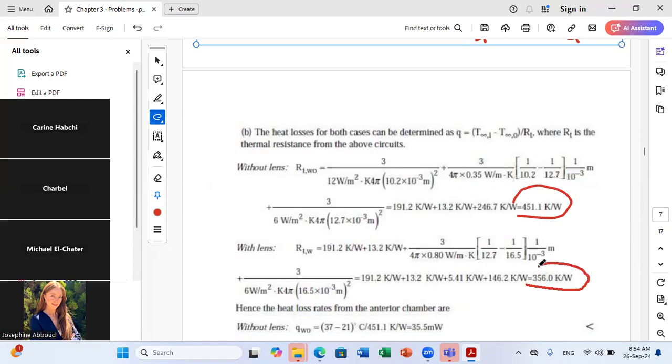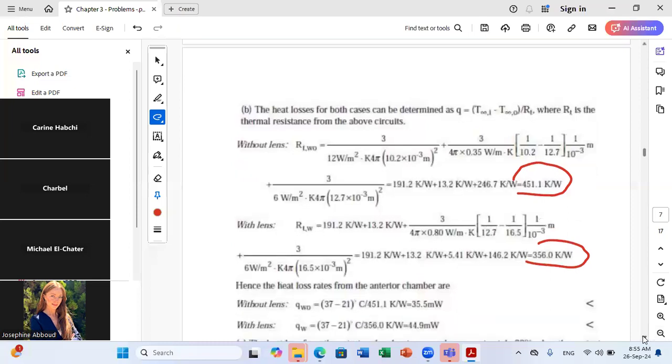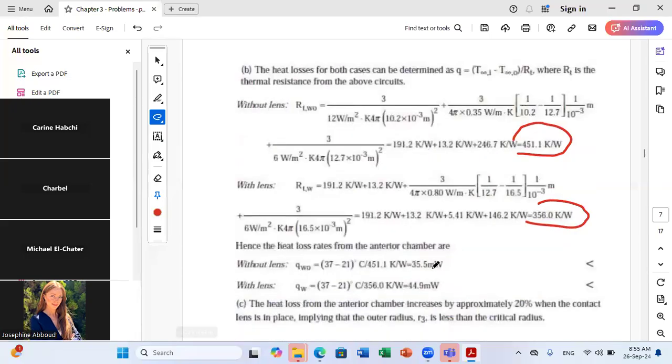If the thickness of the lens was really small, the reduction of convection resistance would be dominant. That's why it's important to work on the properties of the lens. When you have good properties, you might have lower resistance when putting a lens, which will explain an increase in the value of the loss rate.